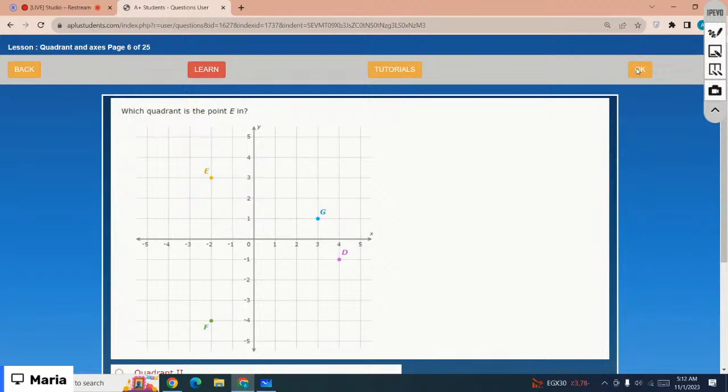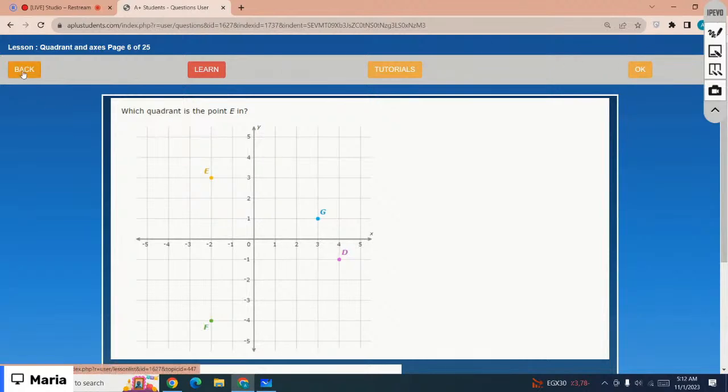You have G, E, F, and D. So E is in which quadrant? Yes, E is in the second quadrant, right?